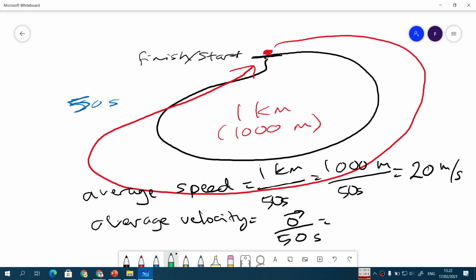Where does the car move? Over here, right? Yes, it's the same position, sir. Yes, you are correct. So A and B are in the same position. If you subtract them to find the displacement, you will get zero. That's why the average velocity is 0 meters per second.